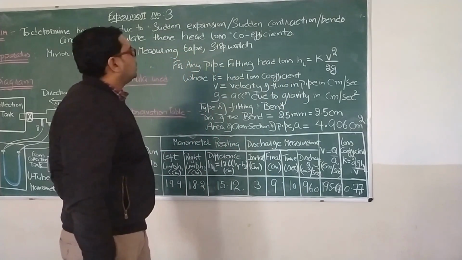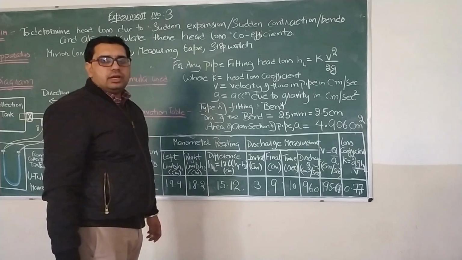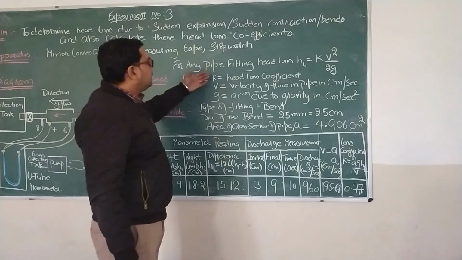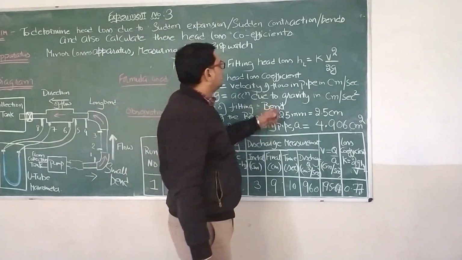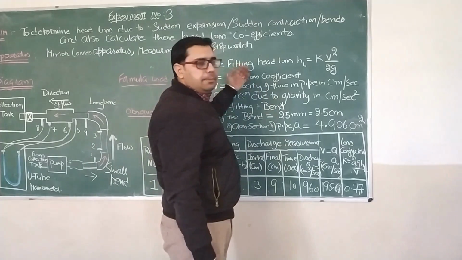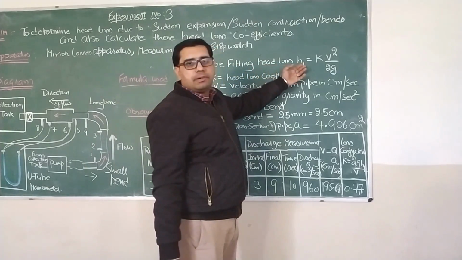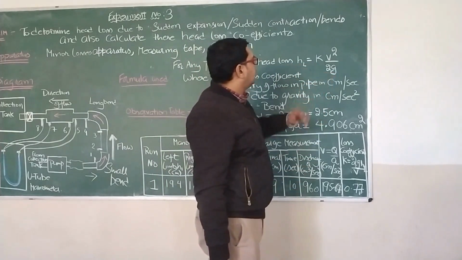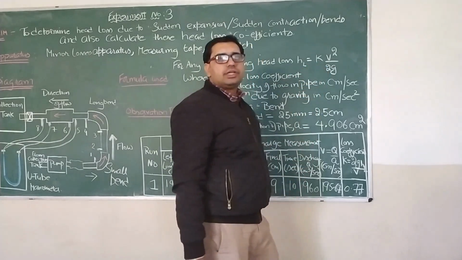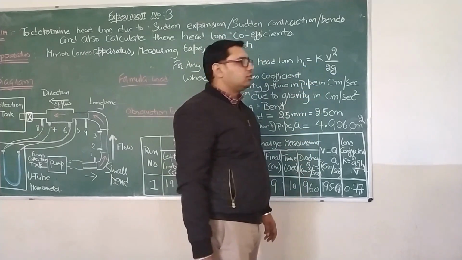Now for the calculation of the coefficient of loss, we are very much familiar with this formula of head loss that we have seen in our theory class also, that for any pipe fitting, the head loss is given by HL equal to K V square upon 2G, where K is the coefficient of head loss, which is our objective to calculate.